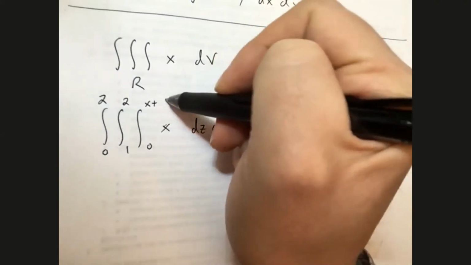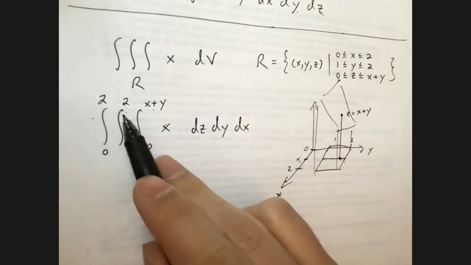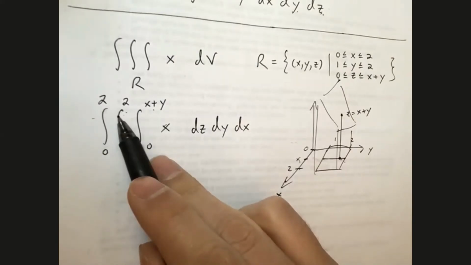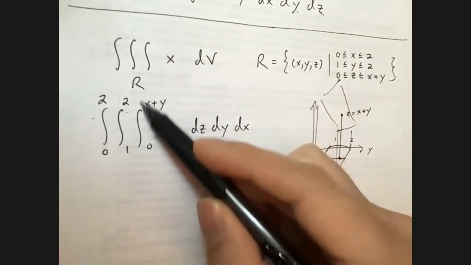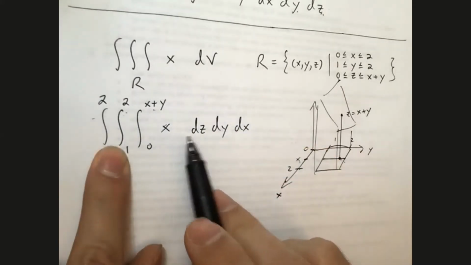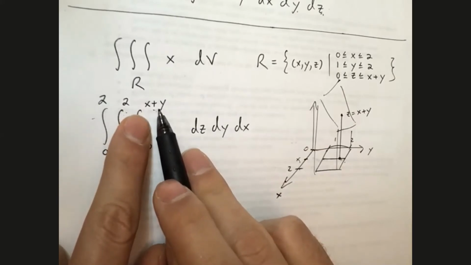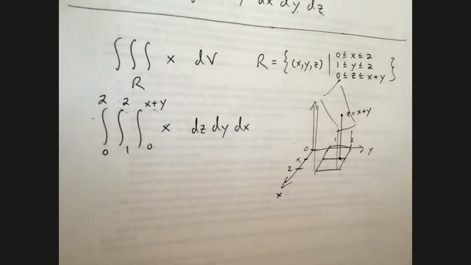It doesn't make sense for me to specify this until I've already specified where I am with respect to x and y. Otherwise, z doesn't know what value this is. So until I've done the x and y integrals, it doesn't make sense to put this x plus y piece up here. Otherwise, z doesn't know how high to go, right? So you got to keep that in mind so you make sure you get things in the right order.